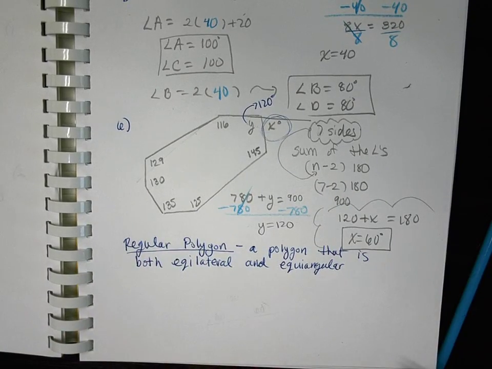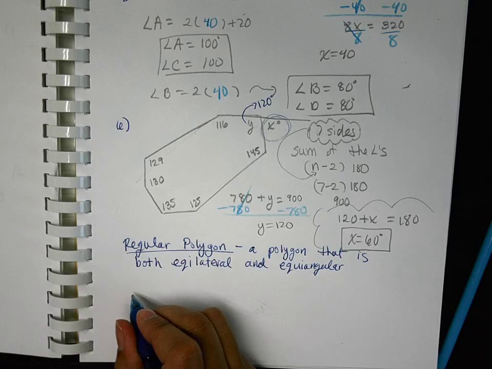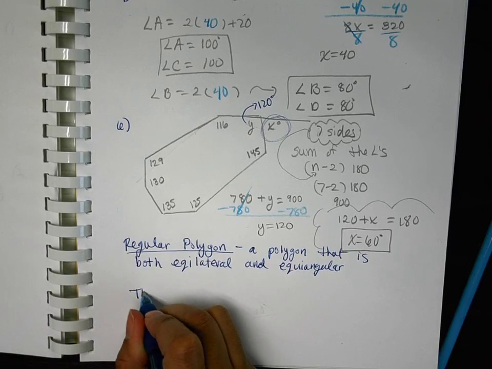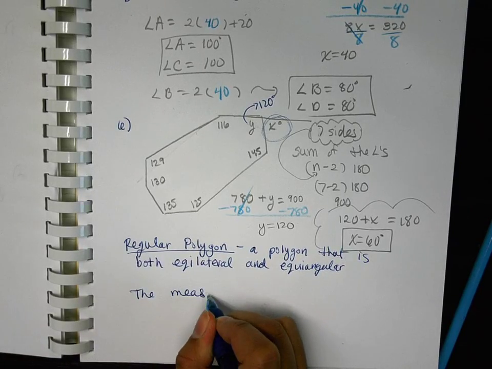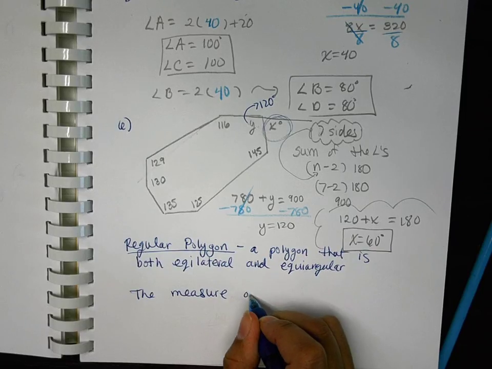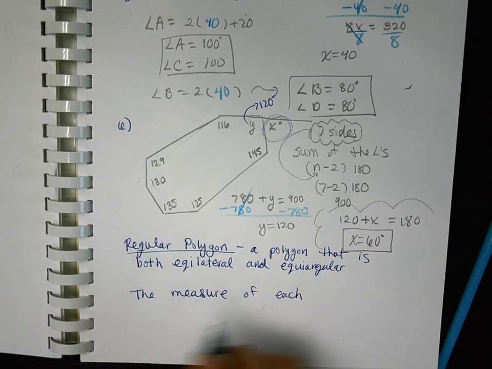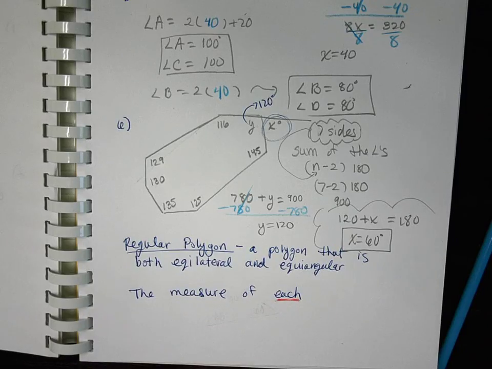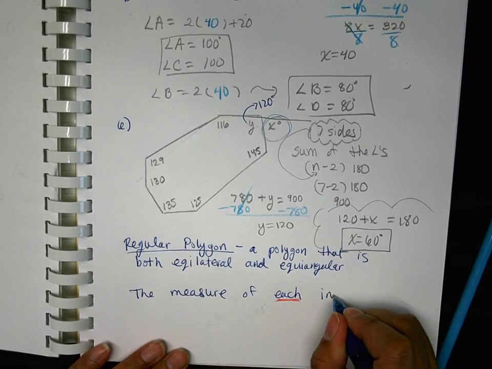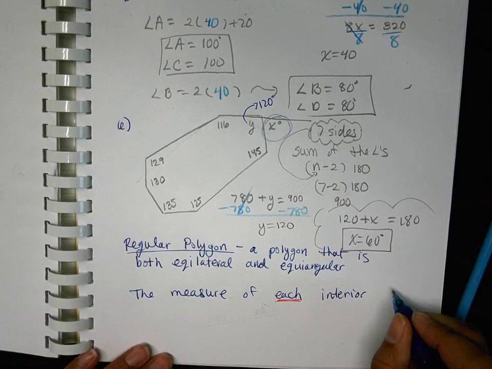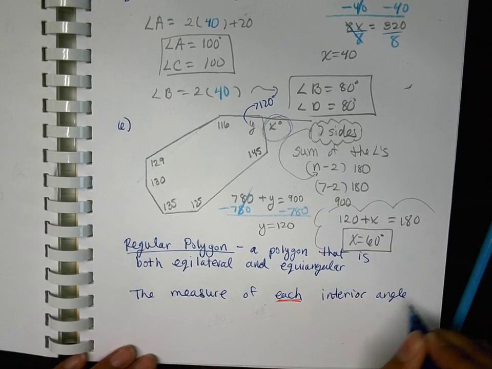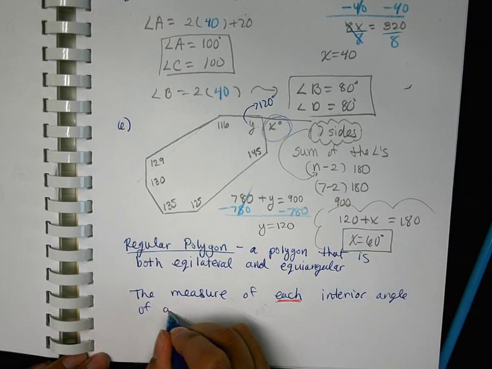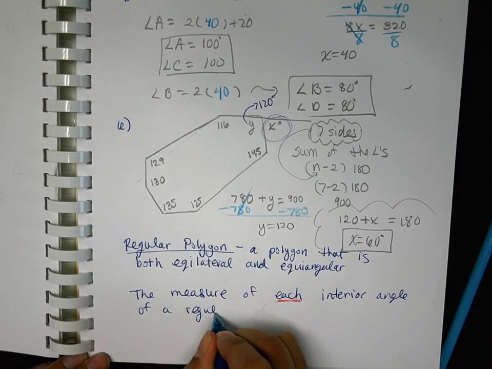Okay, so think about it. I'm going to give you the formula. Let me just write down some of the key words that you're going to look for. The measure of each. Each is a key word here. Earlier, one of the key words was sum. This key word is each. The measure of each interior angle of a regular n-gon.